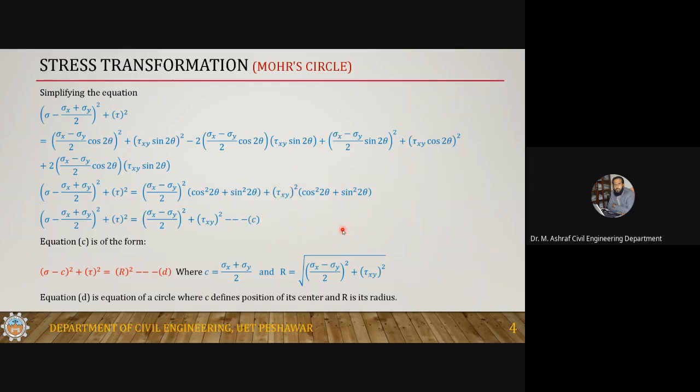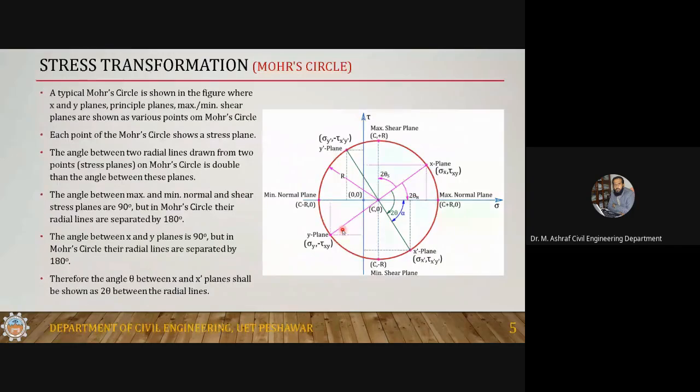Okay, now let's draw this circle. So this is the circle which is drawn. Here there are many things which are explained, and we will discuss the step-by-step development of this circle. But let's discuss some salient features of this circle.